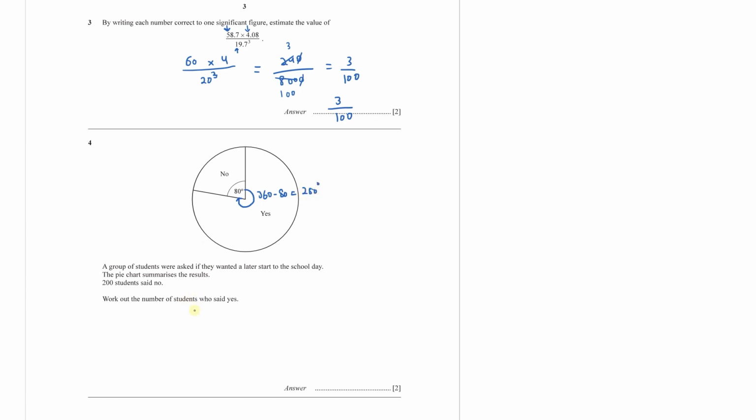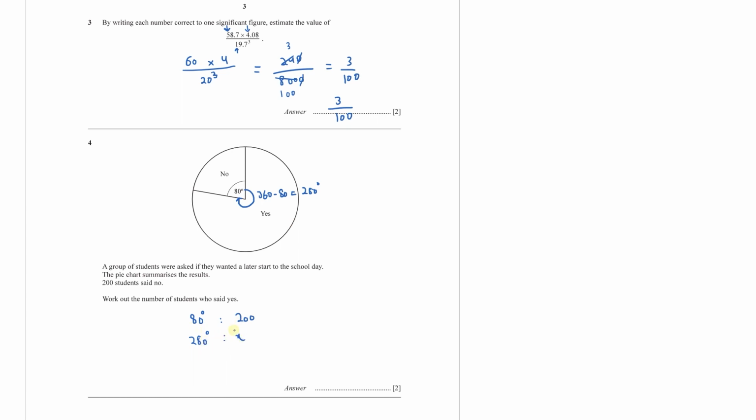So now you can see that 80 degrees, let me write it neatly here. 80 degrees is equal to how many students? 200 students said no, 200. So we need to find how many students are in 280 degrees, which is, let's call it x.